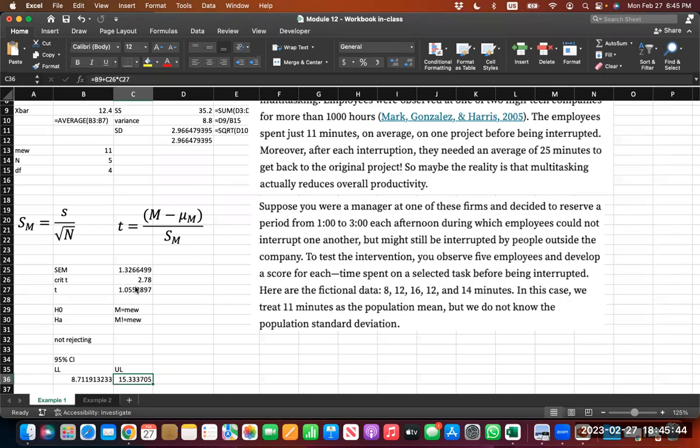So we are actually quite certain that this is a correct null hypothesis. So essentially, we're not rejecting the null, H0.